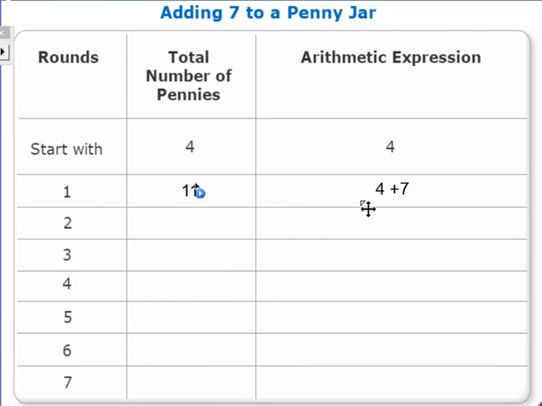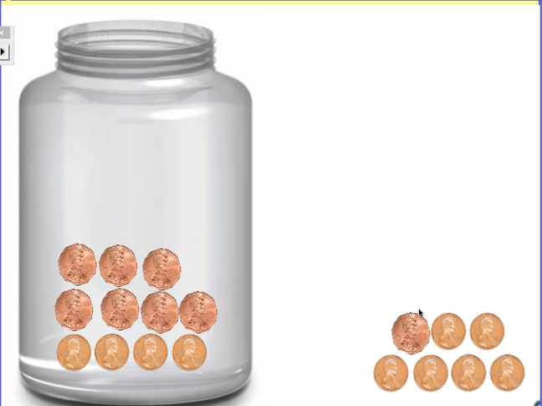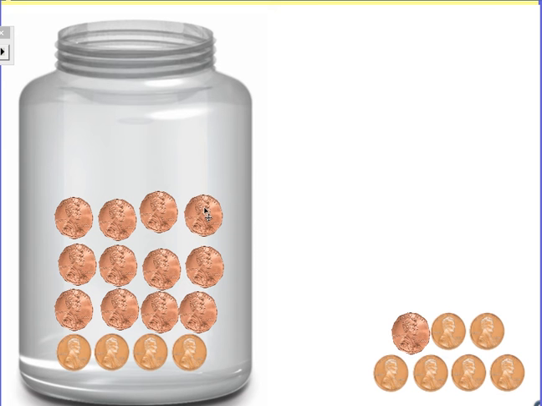If I did round 2 and added 7 more pennies, what do you think it would be? Now I could count these several ways.